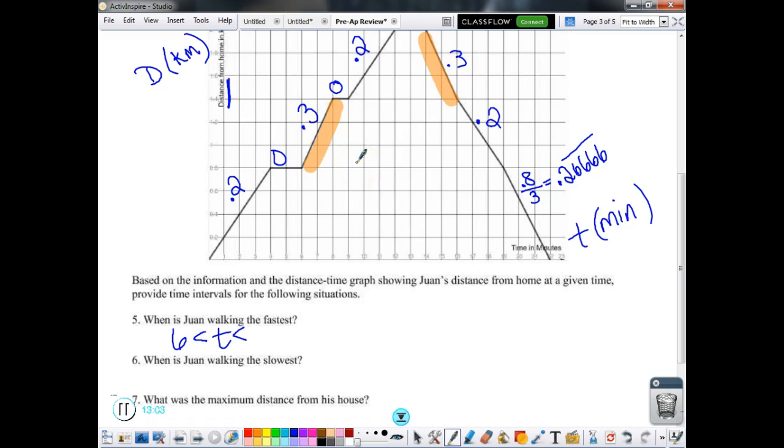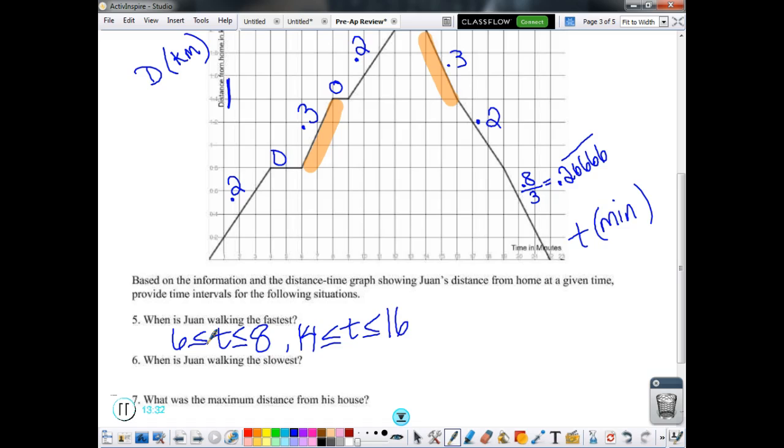So this is 1, 2, 3, 4, 5, 6, 7, 8. It's 8. Okay, 6 to 8. And then 14 to 16. So 6 to 8 and 14 to 16. That is when he's walking the fastest.